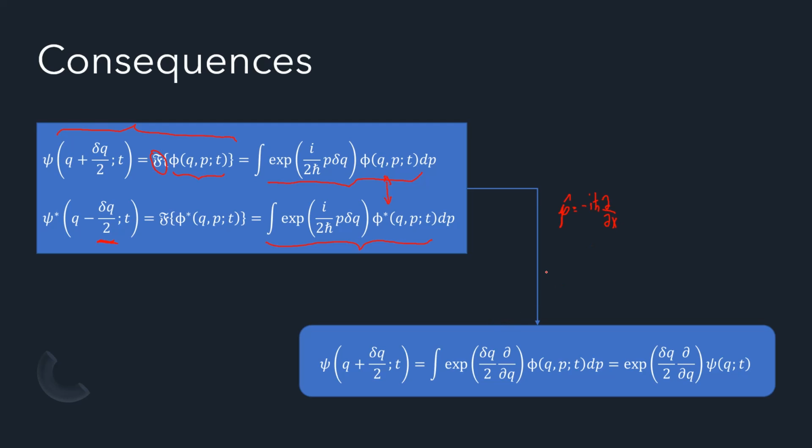If we at least formally substitute this expression in the exponential here, we get simply this exponential, because we simplify this minus i h bar here, and we get simply that.